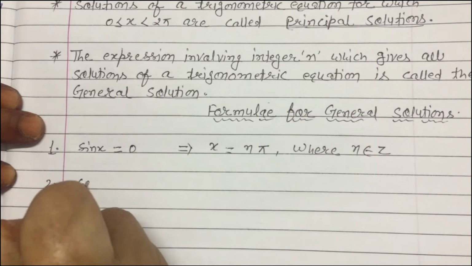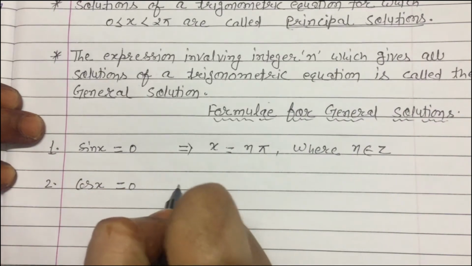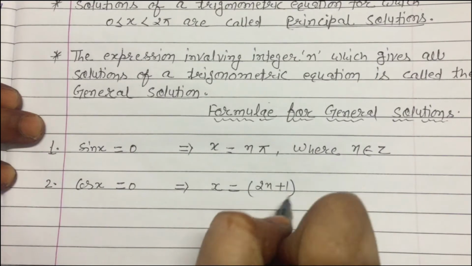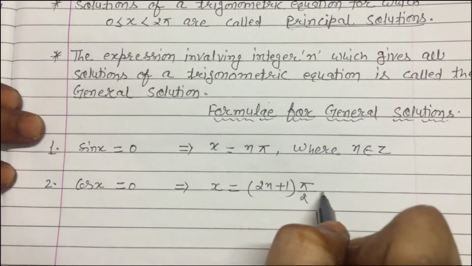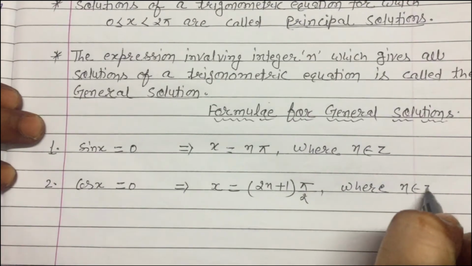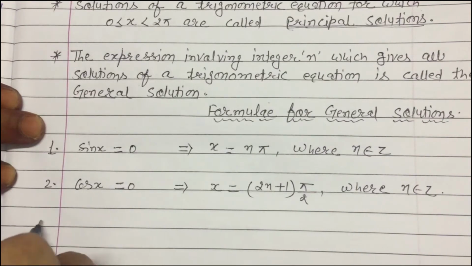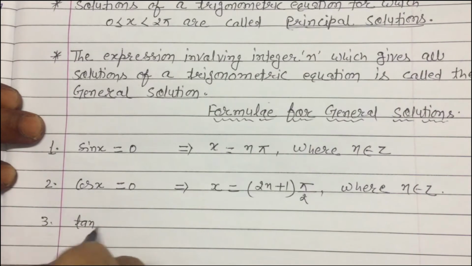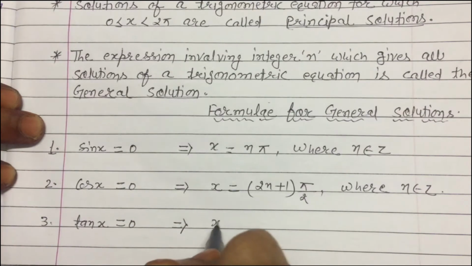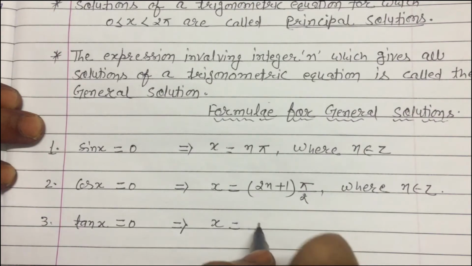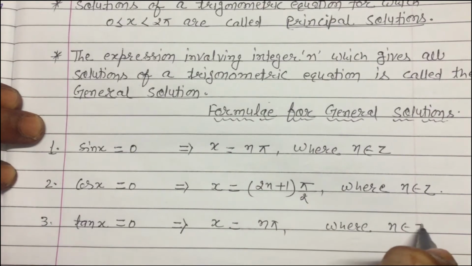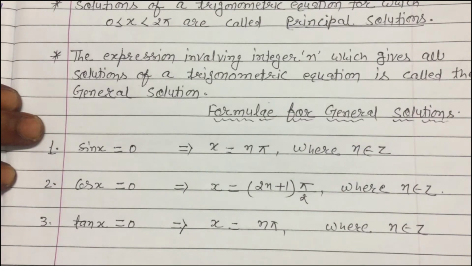Second, cos x is equal to 0 gives x is equal to (2n plus 1) pi by 2, where n belongs to Z. And third, tan x is equal to 0 gives x is equal to n pi, where n belongs to Z.